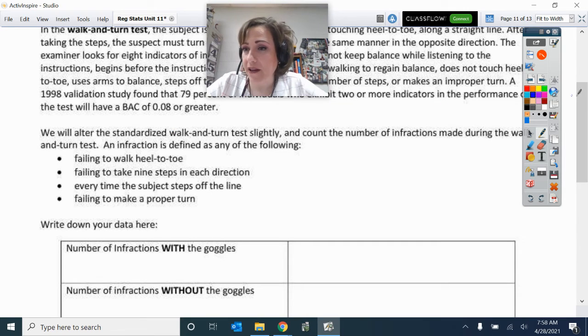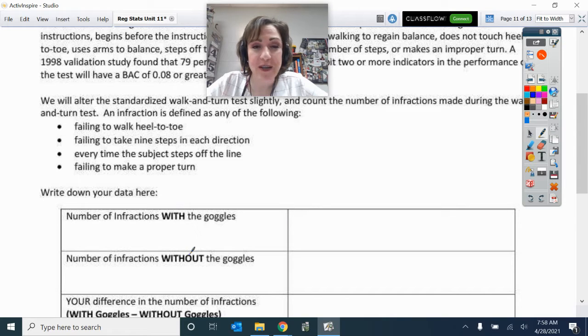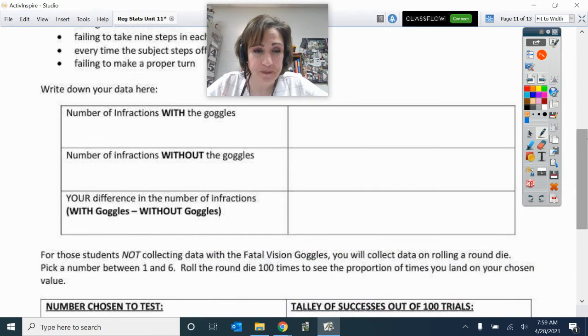So we will count your infractions with the goggles and without. An infraction is defined as any of the following. You do not walk heel to toe. You do not take 9 steps. You step off the line, or you fail to make a proper turn. I'm going to let you use your arms without calling that an infraction.